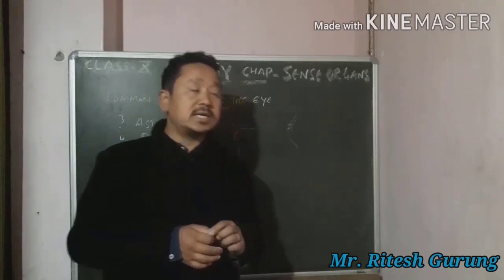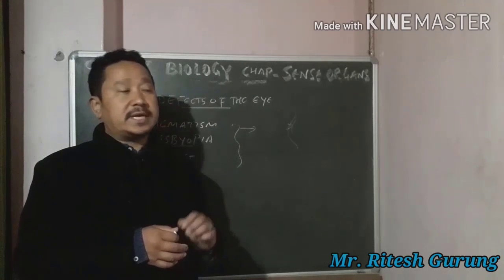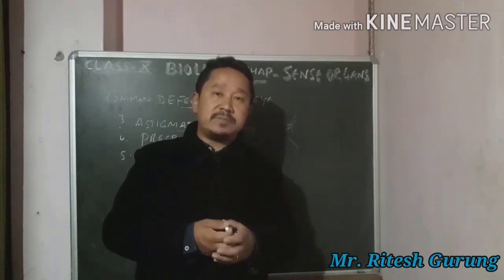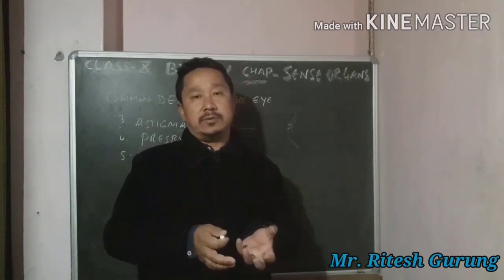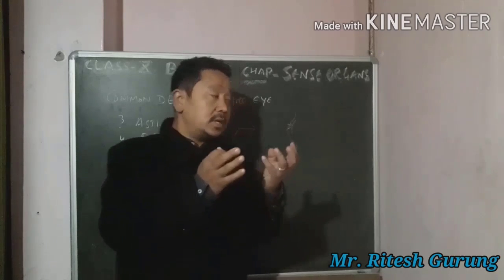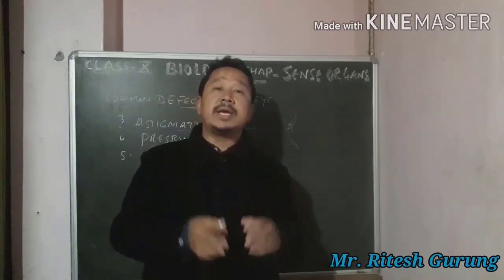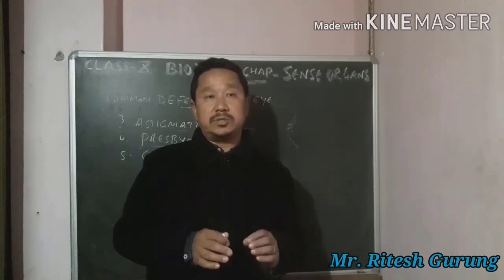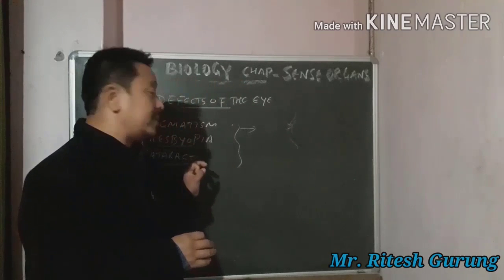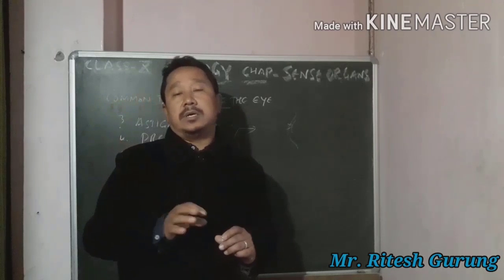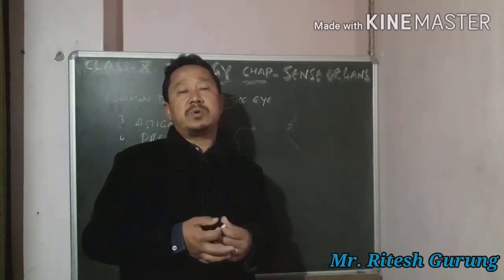Cataract can be treated by surgically removing it, or by wearing a highly convex lens you can also treat this problem. Usually it is surgically removed, so that way this problem can be corrected.